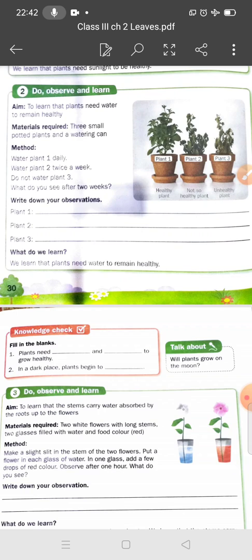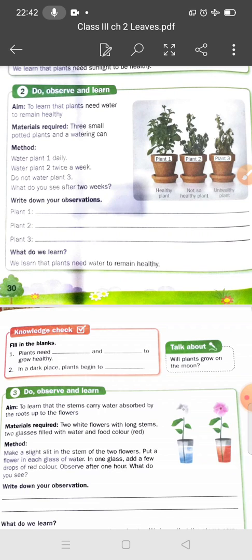When you water plant 2 twice a week, this plant is not so healthy. And when you do not water plant 3, you will observe that this plant will be unhealthy and wilt.